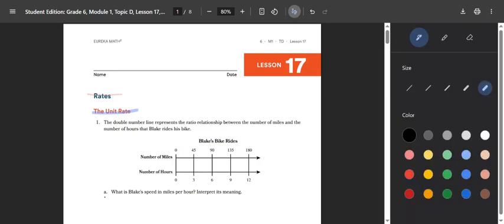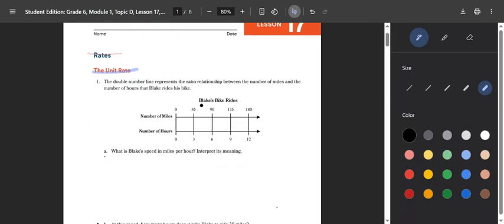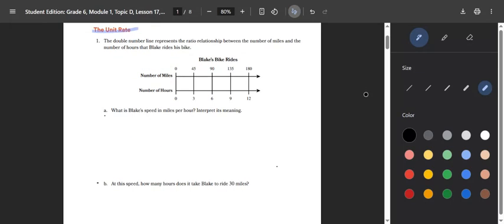Let's look at number 1. Number 1 is a miles per hour problem. The double number line represents the ratio relationship between the number of miles and the number of hours that Blake rides his bike. What is Blake's speed in miles per hour? So I want the number of hours to be 1.